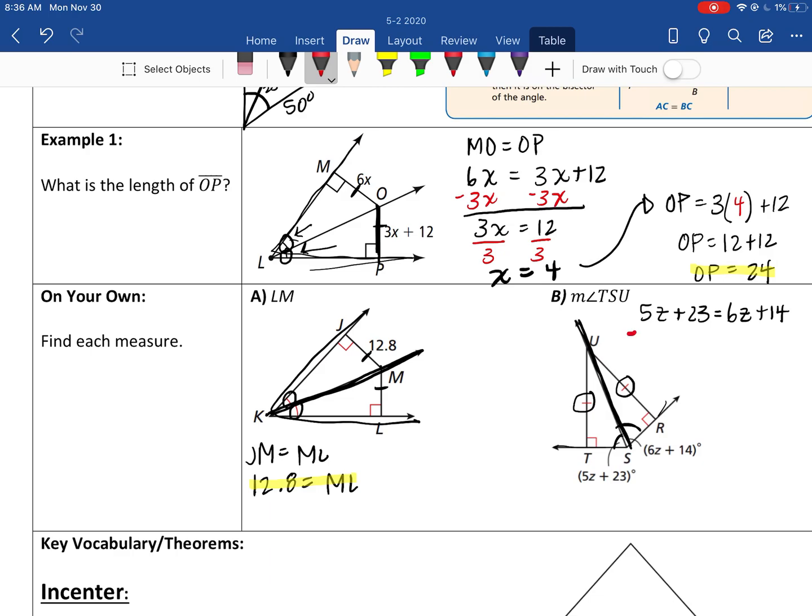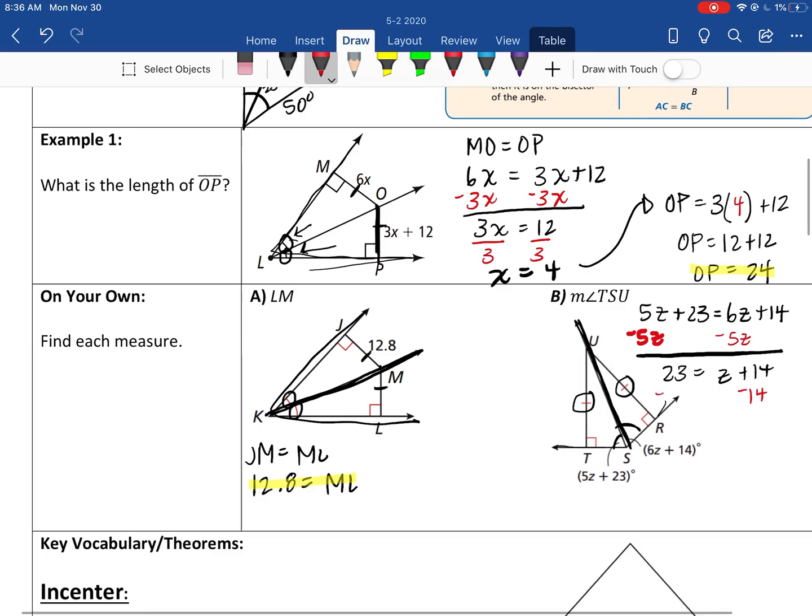We can go ahead and solve, so subtract a 5z on both sides. You get 23 is equal to z plus 14. Subtract your 14. You get that z is equal to 9.